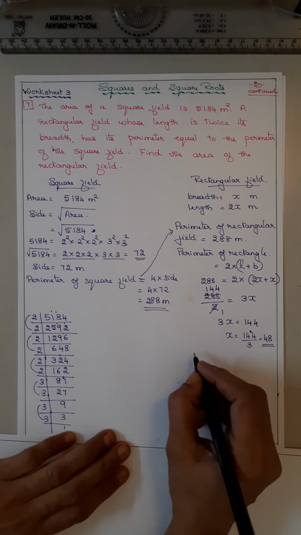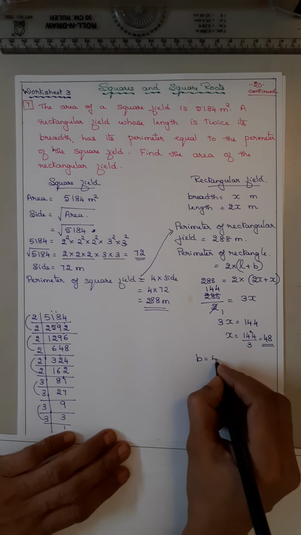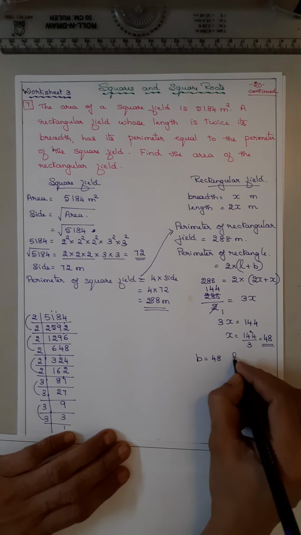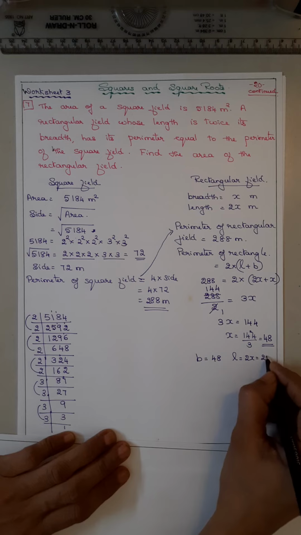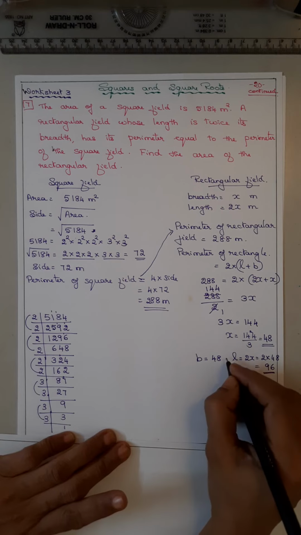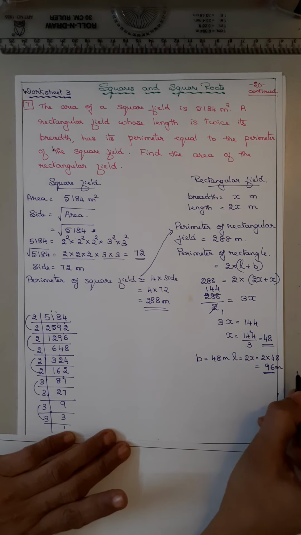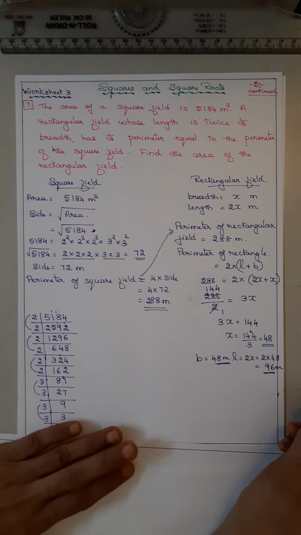Okay. Now x is what? Breadth. So breadth is equal to 48 and length is equal to 2x, means 2 into 48. 2 8s are 16, 2 4s are 8, 9. So you got 48 meter and 96 meter.